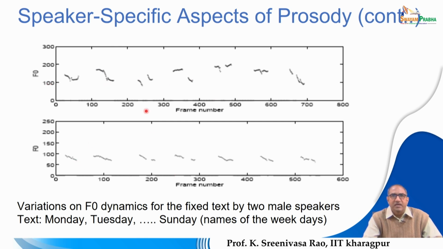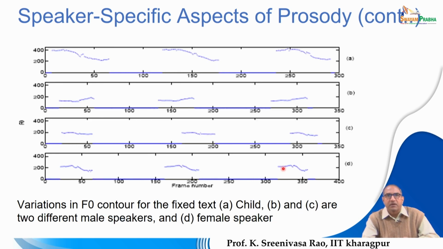What I mean to say is that even though two different speakers utter the same sequence of words, if you observe the pitch contour or their intonation patterns, they are very different. Based on that, you can discriminate the speakers. So that's what speaker specific aspects of prosody means. By exploiting these prosodic cues, one can differentiate speakers or verify the speaker claim.